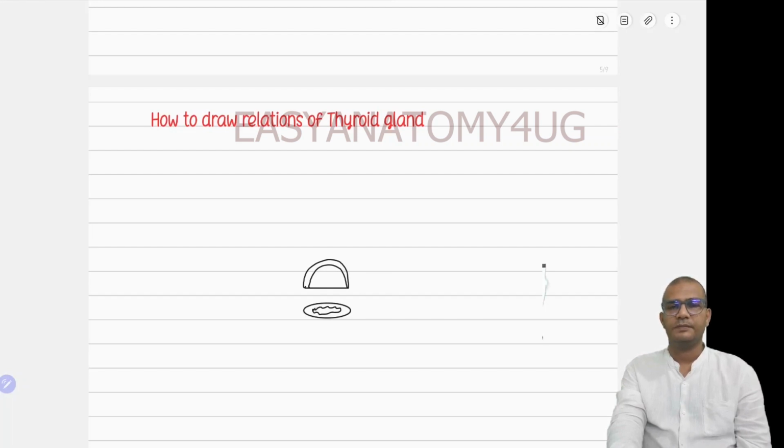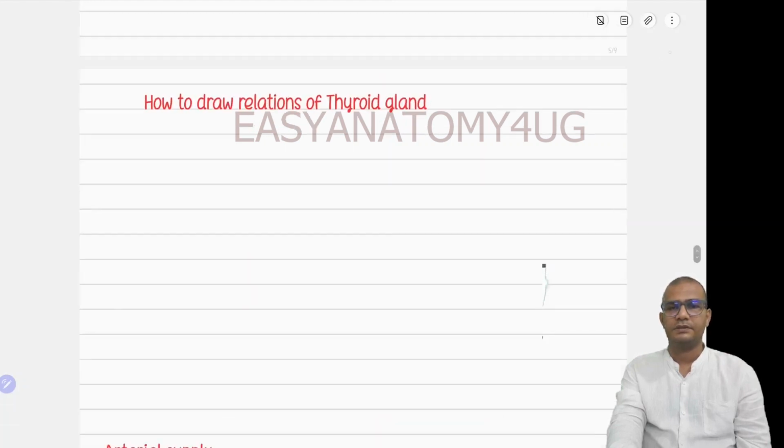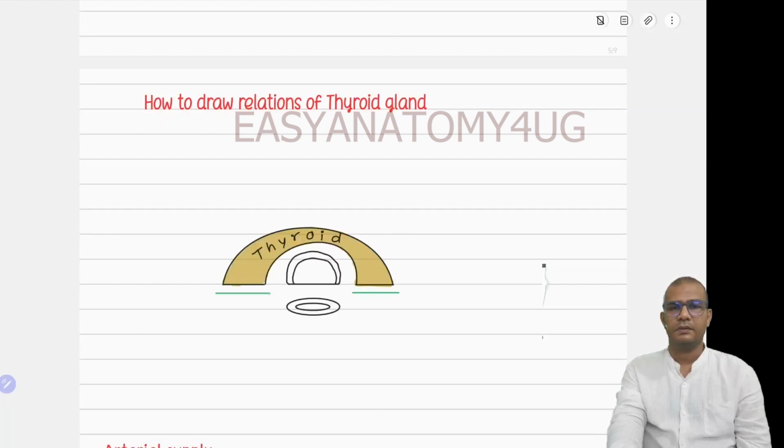Clasping the trachea, anterior to the trachea, we will draw thyroid gland, two lobes connected by the isthmus. As we have already discussed, the gland is surrounded by the pretracheal fascia. Let us draw the pretracheal fascia which envelops the thyroid gland.